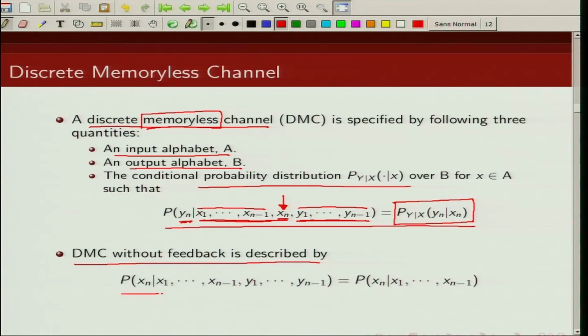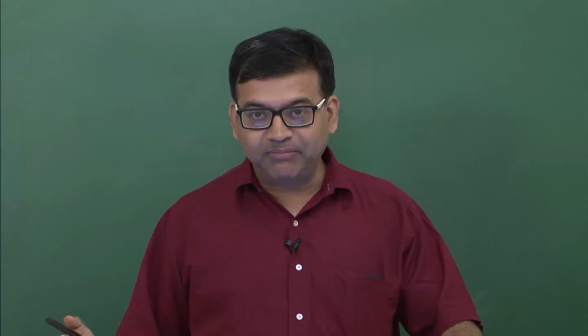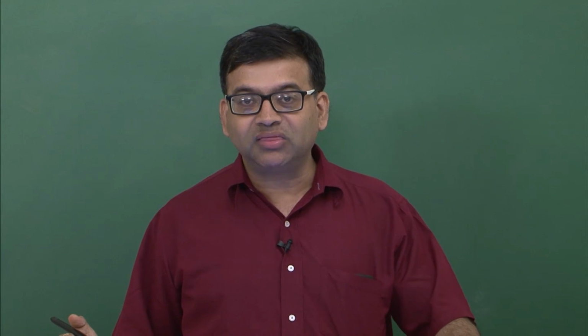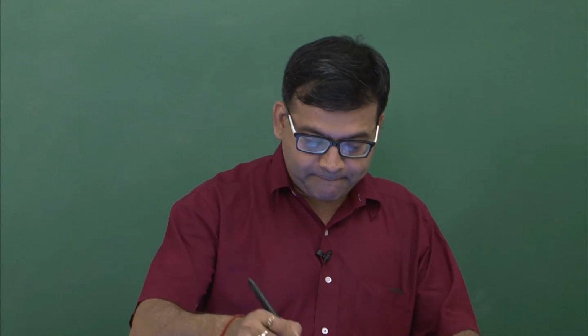The probability of x_n given x_1, x_2, up to x_{n-1} and y_1 to y_{n-1} only depends on the probability of x_n given x_1 to x_{n-1}. So it does not depend on the past values of the output. So this is our discrete memoryless channel without feedback.